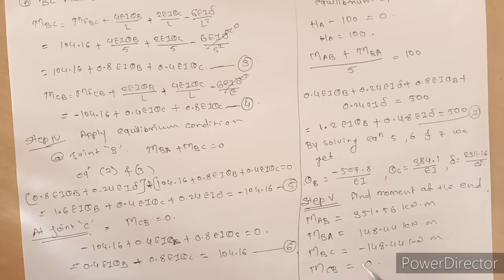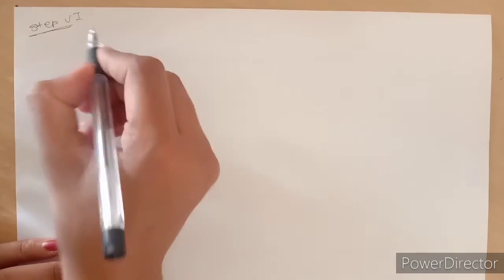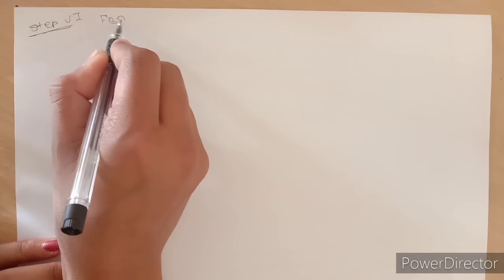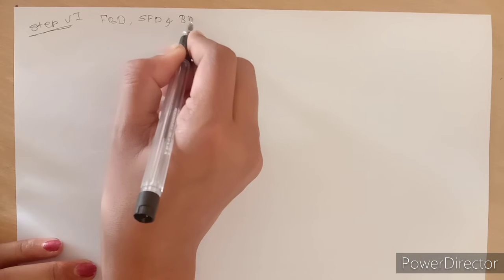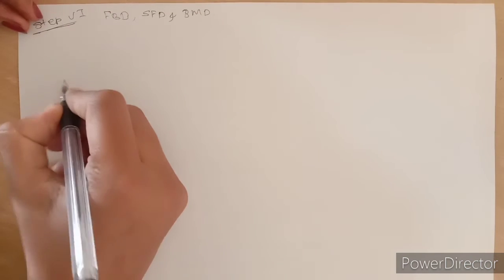Then from these end moments, to draw the free body diagram, that is step number 6: draw the free body diagram, shear force diagram and bending moment diagram. So first draw the given diagram.